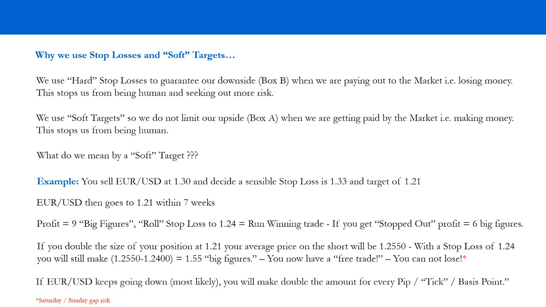What happens then? Well, basically, if you move your stop loss from 133 down to 124, you've now locked in an almost guaranteed profit. Because if the currency pair, euro dollar, from 121 goes lower, you continue to make money. But if it trades back at 124, you make money anyway.